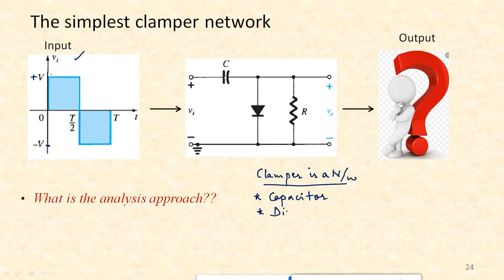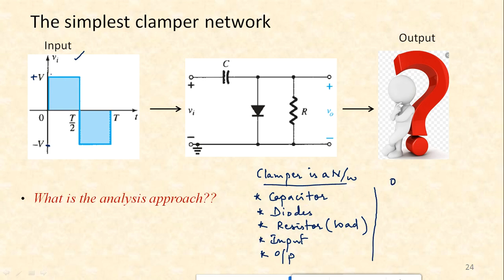Next, diodes are a must. Then resistors, especially used as load resistors, and then you need an input signal, and the output has to be obtained. These things are mandatory. The optional thing is a DC supply.